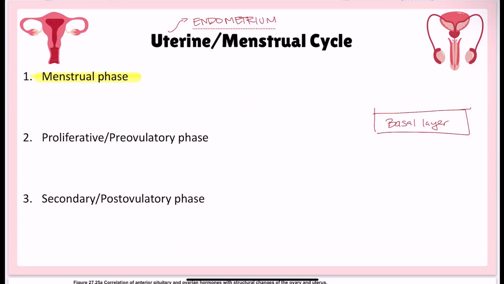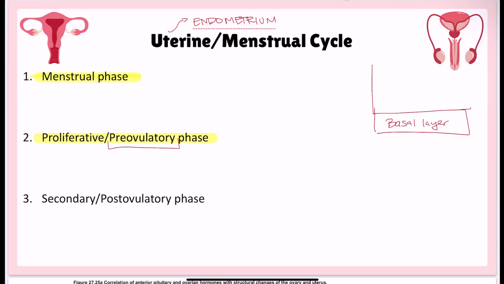The next phase is called the proliferative phase or the pre-ovulatory phase. And I remember this because pre means before. So everything that happens before ovulation. What happens before ovulation is that we build up that functional layer again.